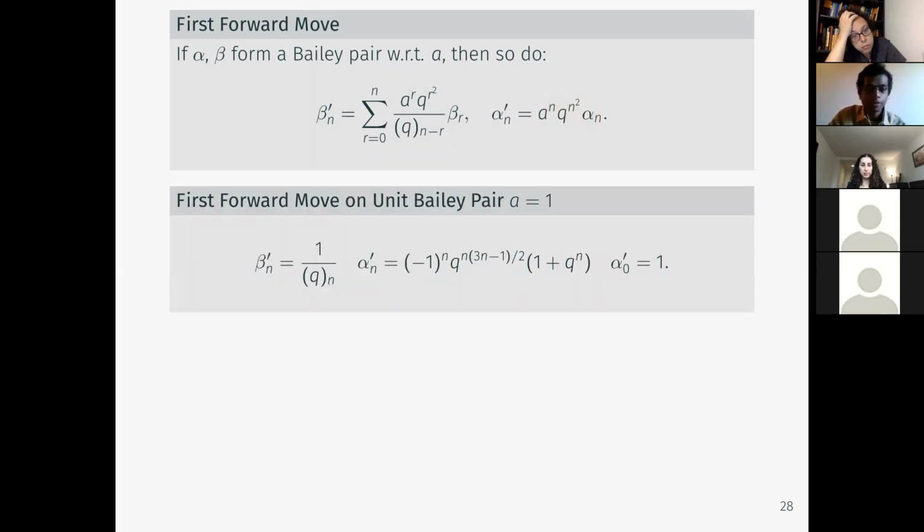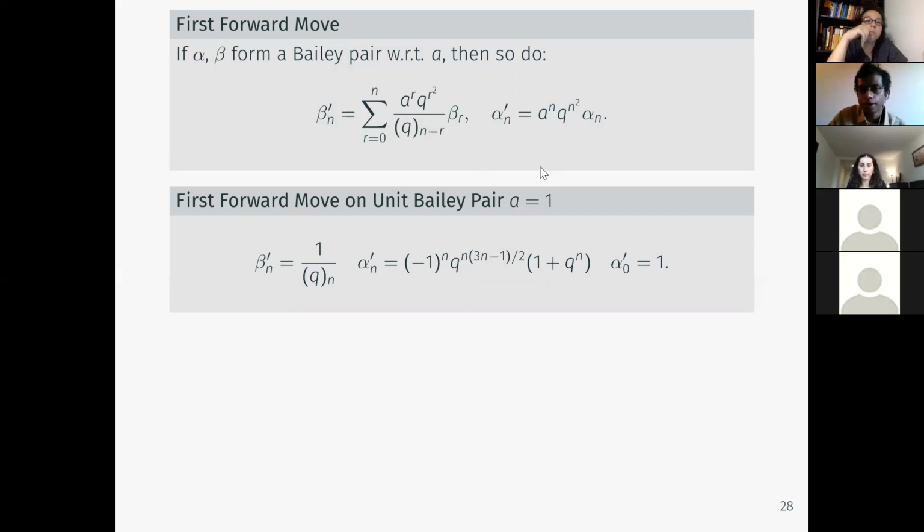All right, so let's apply it to our unit Bailey pair. Remember, our unit Bailey pair had beta 0 equal to 1, and all other betas were 0. So only the r equal to 0 term is going to survive. A is 1, so I just get beta 0 divided by this q-Pochhammer, with r equal to 0. If you go back a few slides, you'll see that this formula is just that unit Bailey pair multiplied by q to the n squared.